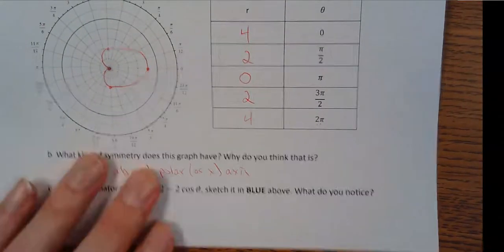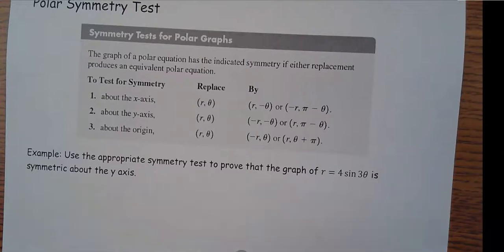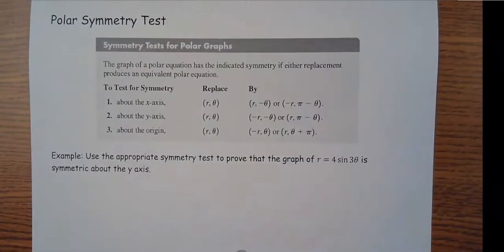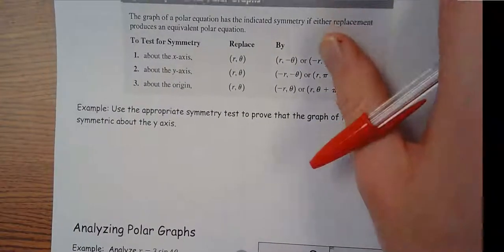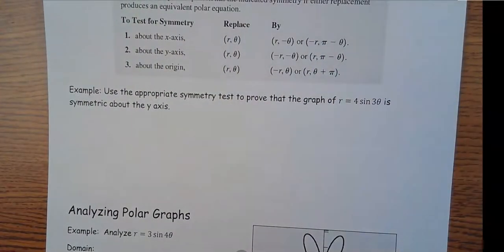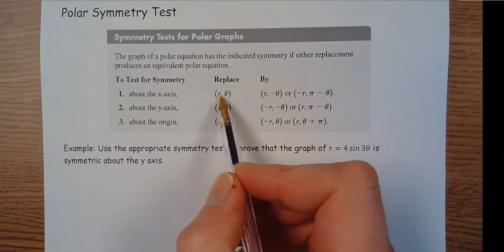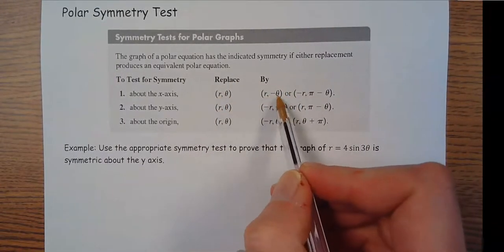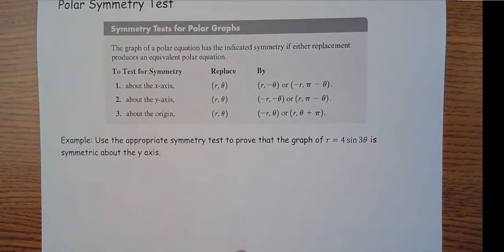Okay. Now let's do some analyzing, some testing. How to test and tell symmetry. You can look at the graph, but what if you don't have a graph and you want to tell if it is symmetrical or not? For this first one, if you replace r and theta with r and negative theta and it produces the exact same equation, then it's symmetrical about the x-axis.